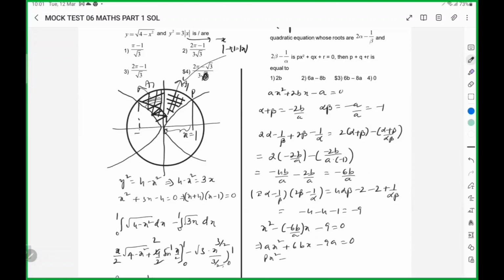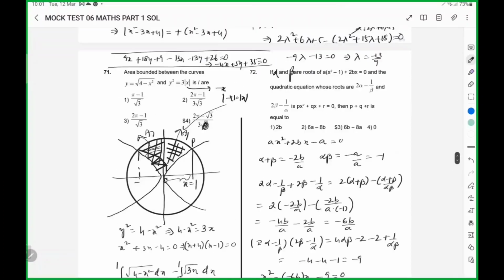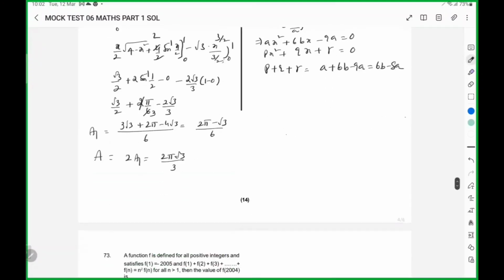So px square plus qx plus r. So p plus q plus r is, that is what we have to prove.